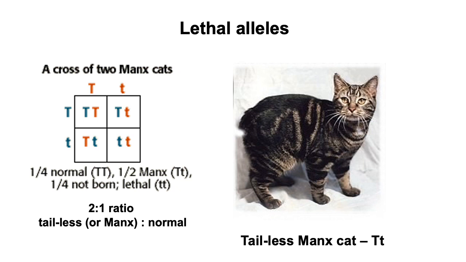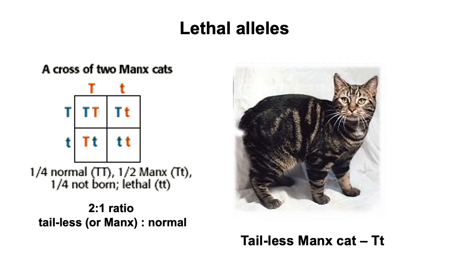Well, what you notice when you do that is your ratio of normal cats to tailless cats is a 1-to-2 ratio, as opposed to the expected 1-to-2-to-1 or 3-to-1 ratio, depending on how these phenotypes play out. And that's because the homozygous recessive in this case are never born. So that bottom right square is just completely absent.